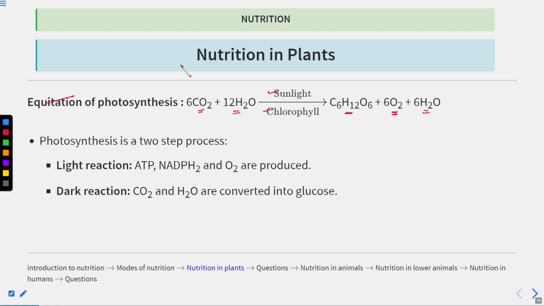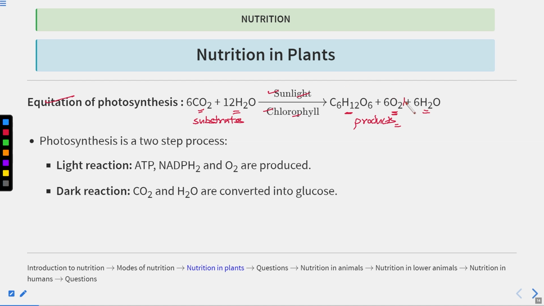So the substrates here are these inorganic molecules. Then we have the sunlight and chlorophyll, which are known as the photosynthetic vessel, and then we have the products. You must know that photosynthesis is a process in which oxygen is evolved.